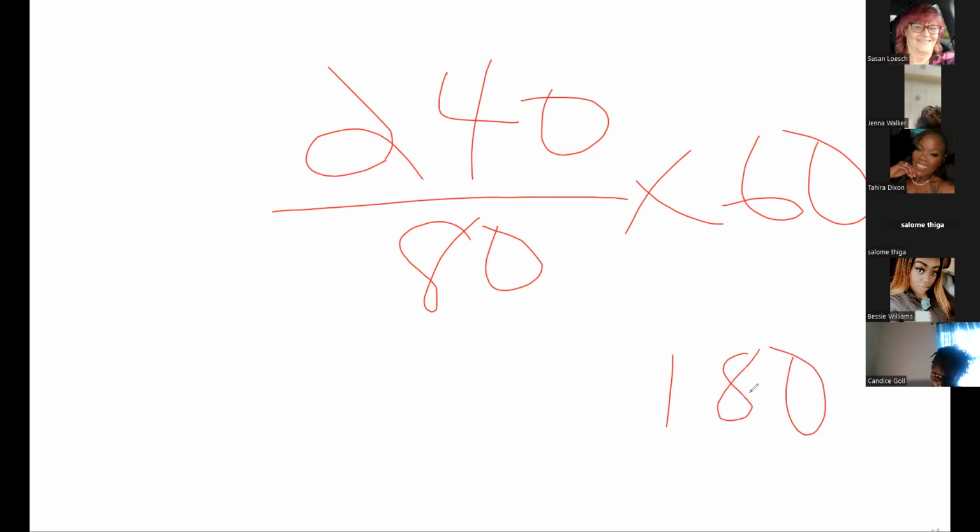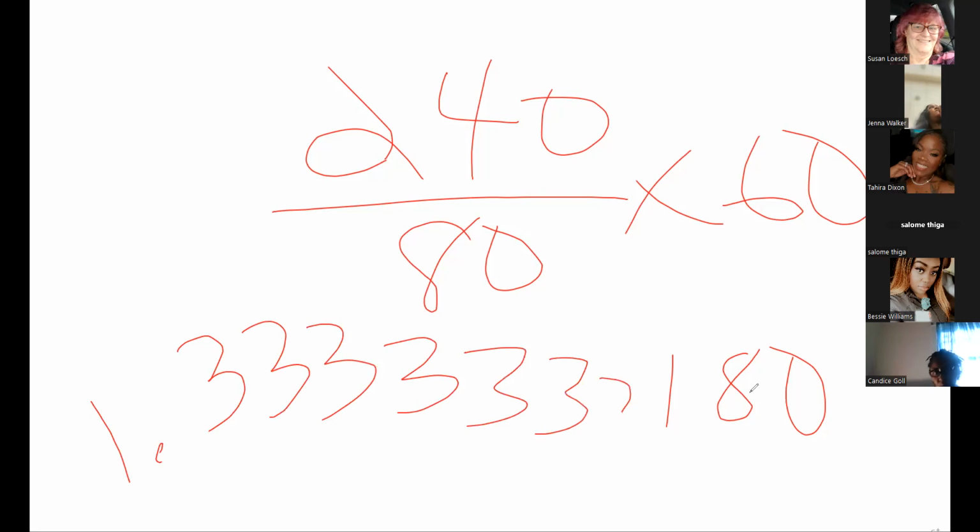Okay? If you took 80 and divided it by 60, you would get 1.33. And you have to use all the threes here, guys. And then if you took the 240 and divided it by that, that would also give you the same answer.